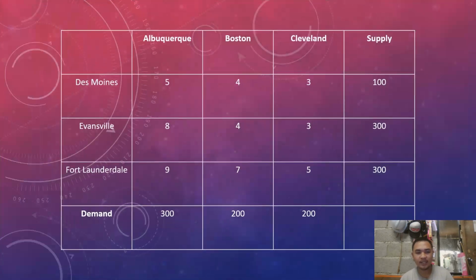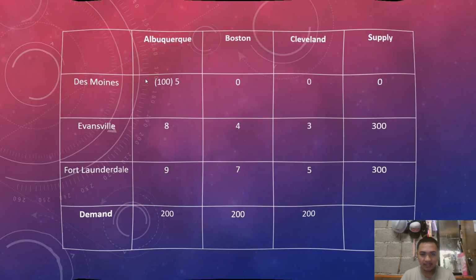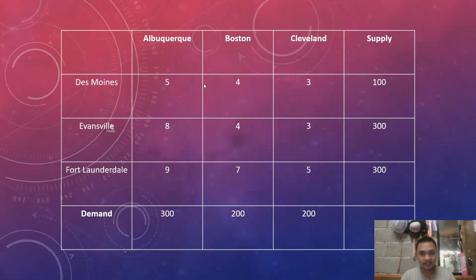As you can see, at the top are the three destinations: Albuquerque, Boston, and Cleveland, and the suppliers are Des Moines, Evansville, and Fort Lauderdale. The numbers in the 3 by 3 matrix here are the cost of transportation for each supply.